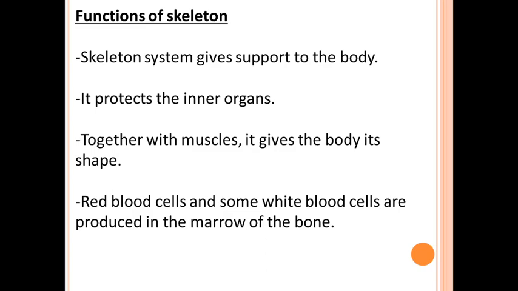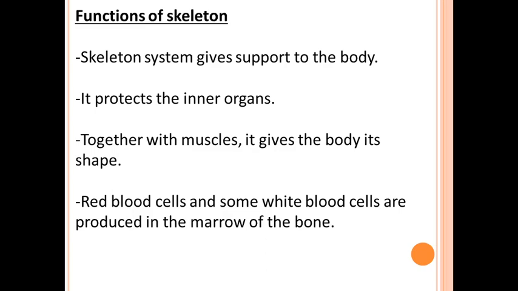Understood? Then another important function of the skeleton is movement. Though the individual bones are hard, several of them can move at places where they join other bones. And that's why we can move our arms, legs, fingers and many other parts of the body.